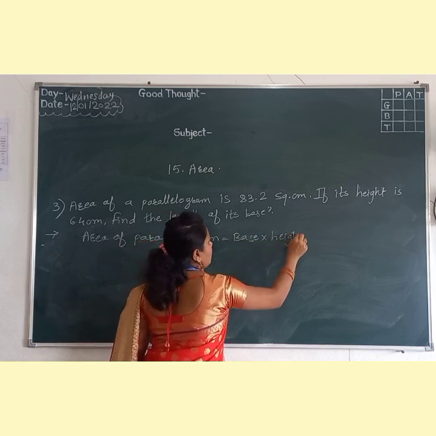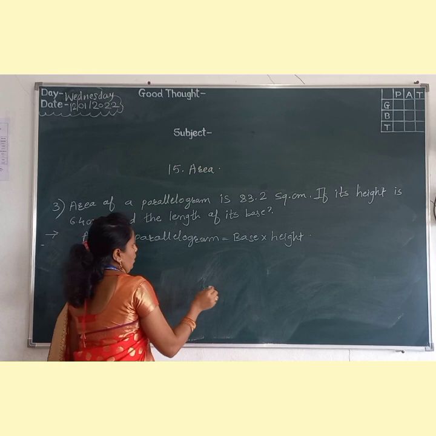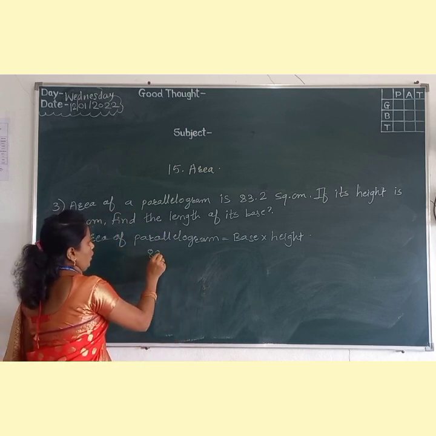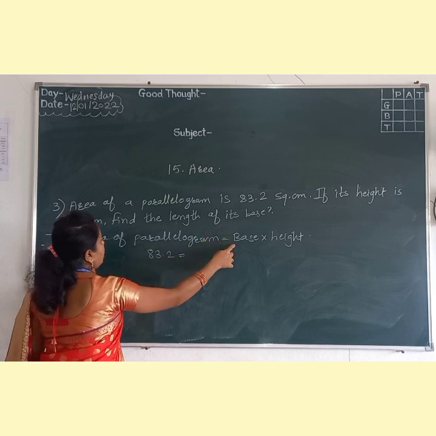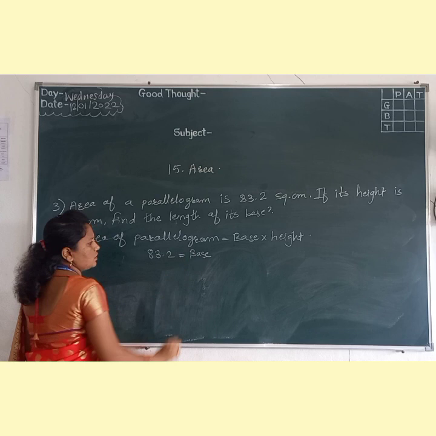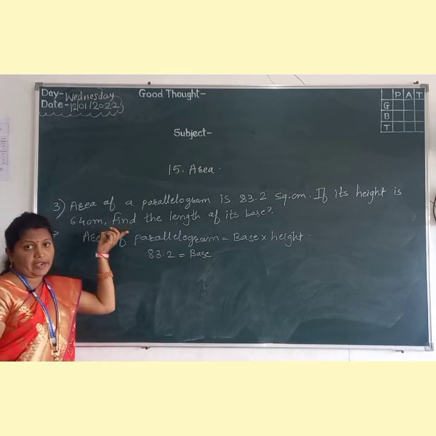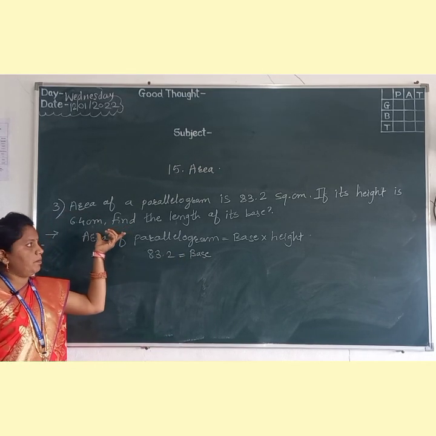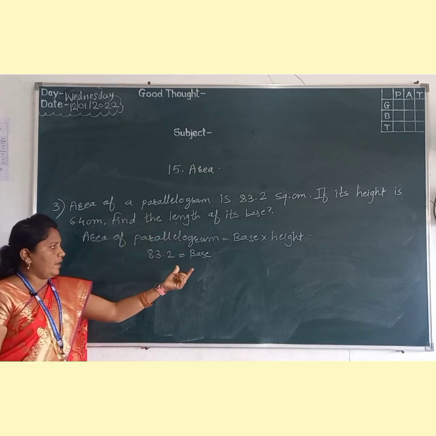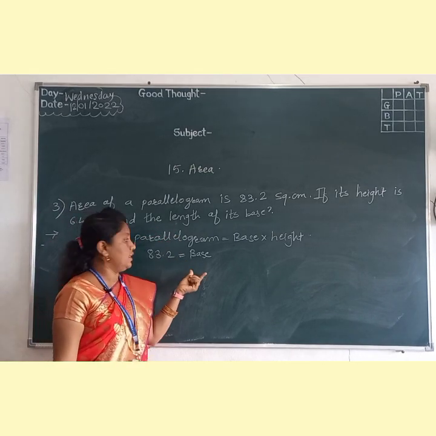Then put in the values: area is 83.2, and the base you don't know, so consider a letter. Let the base of the parallelogram be x or y, and you use the letter in that equation.